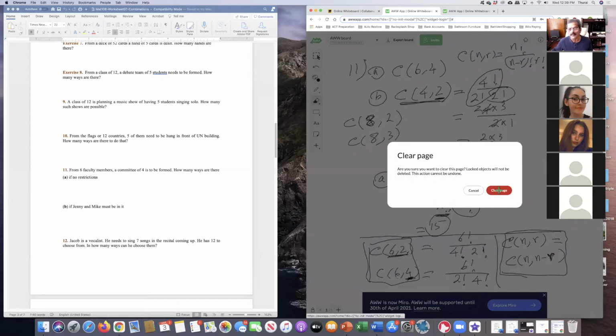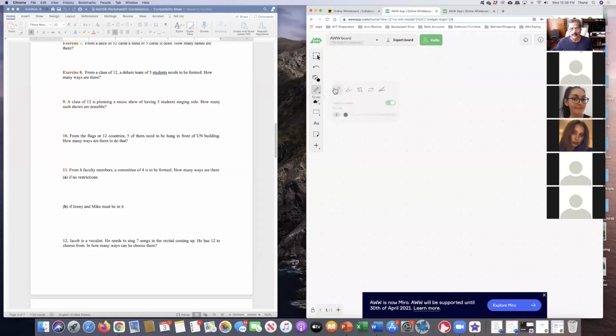Combination. Because the question is how many ways are there to choose, they're only asking you to determine how many different ways there are to choose them. If he is going to actually sing them on the stage, and they ask you how many different recitals are there, then it'll be permutation, because now the order of the songs matters.